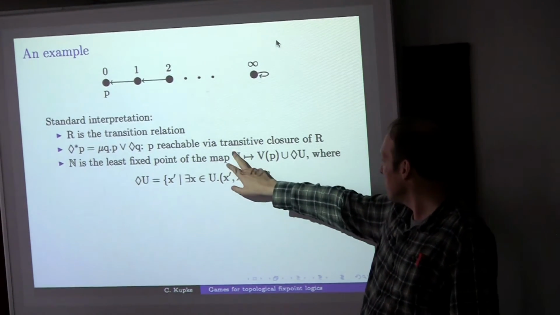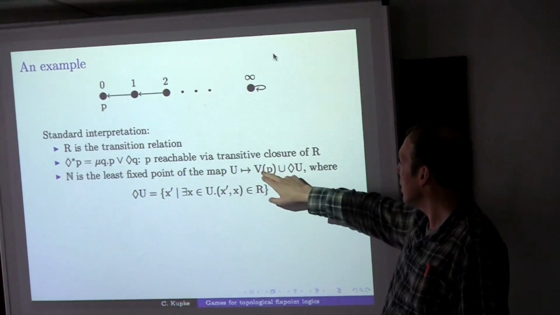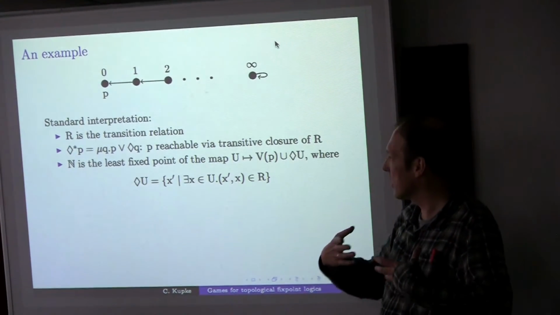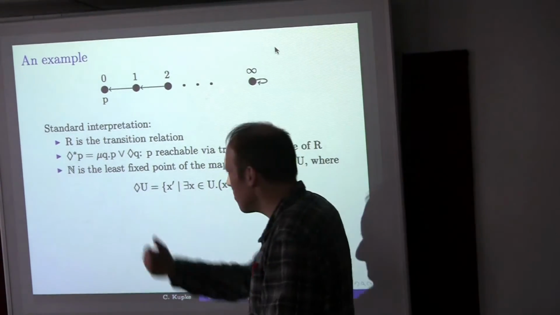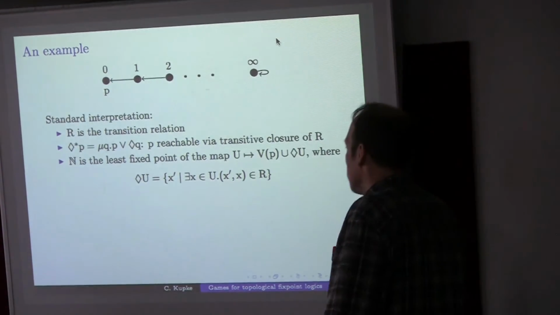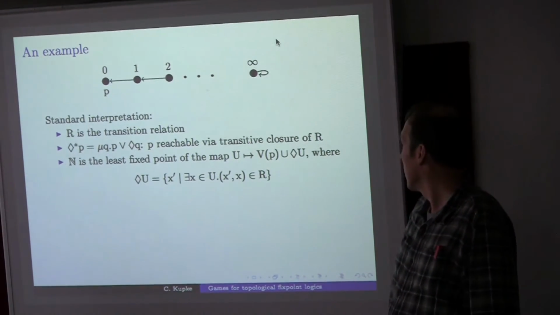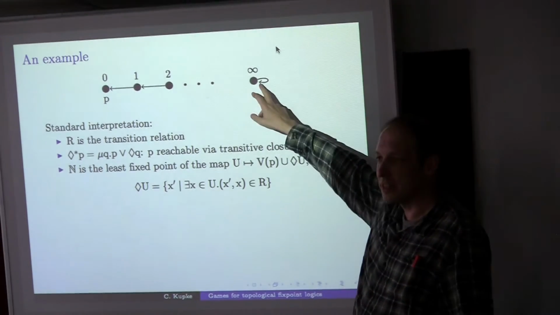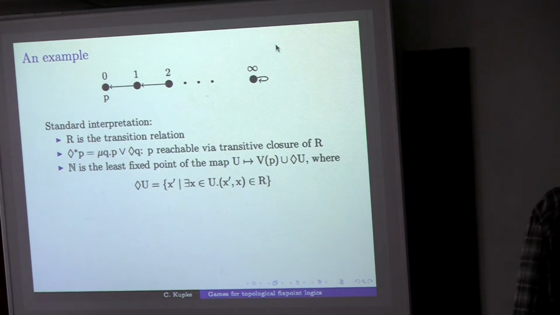So you map the empty set to V(P) union diamond empty set, which is just V(P). So in the first iteration, you just get the states where P is true. In the second iteration, you get the states where P is true in one step, and so on. In the end, you will get, in this model, all the natural numbers as the least fixed point without the infinity state. So this is what happens in the mu calculus.